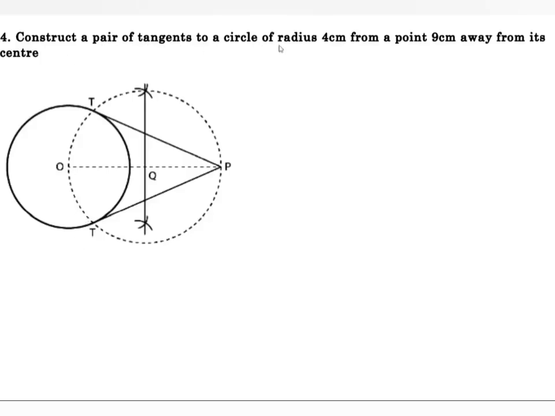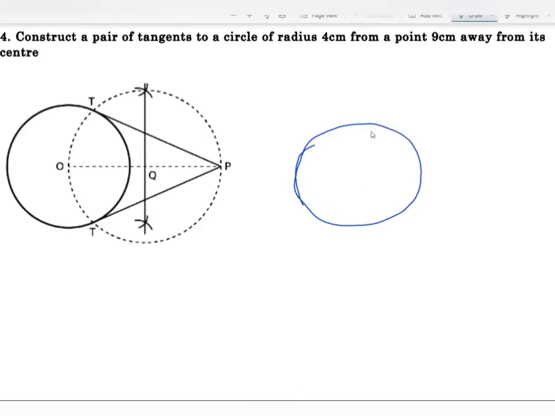Construct a pair of tangents to a circle of radius 4 cm from a point 9 cm away from its center. Now the first step is to draw a circle of radius 4 cm using your compass. First step is what?